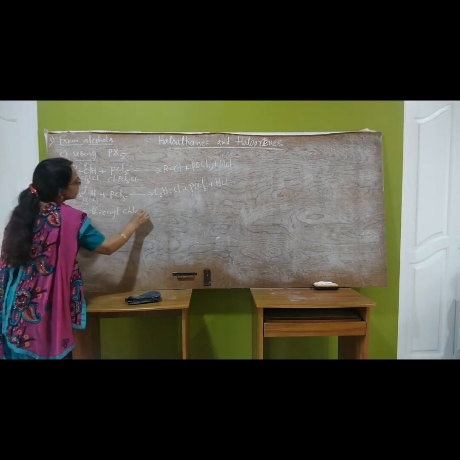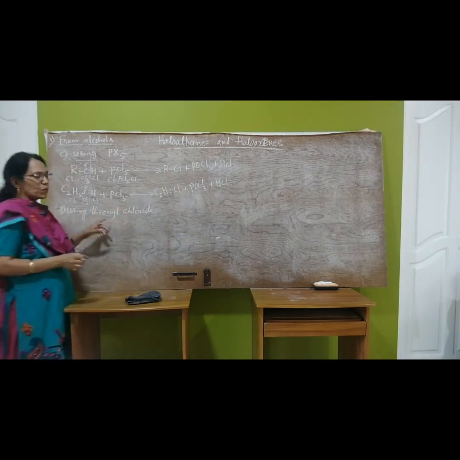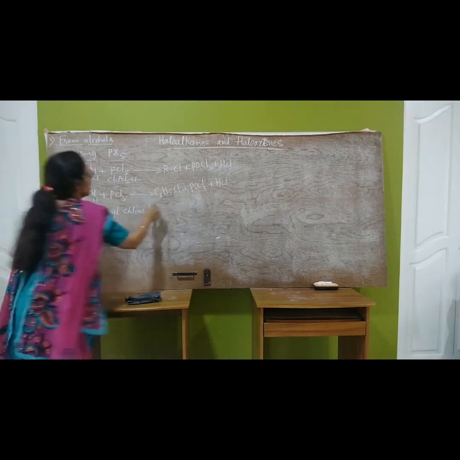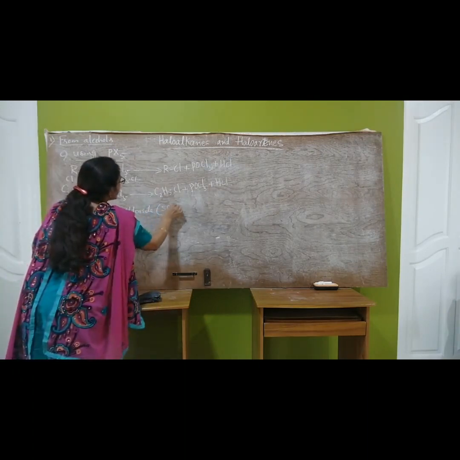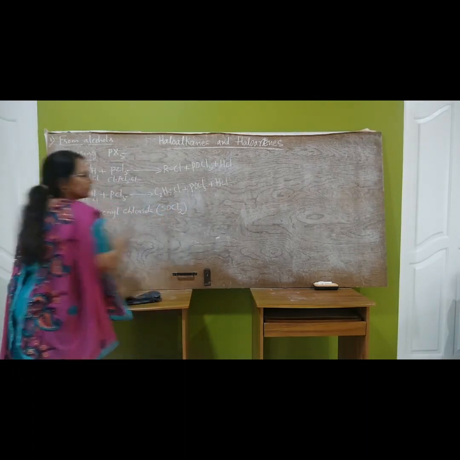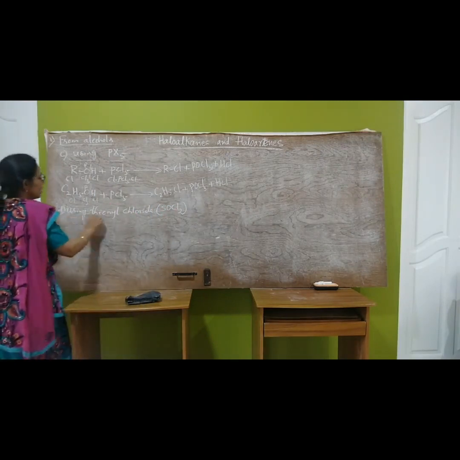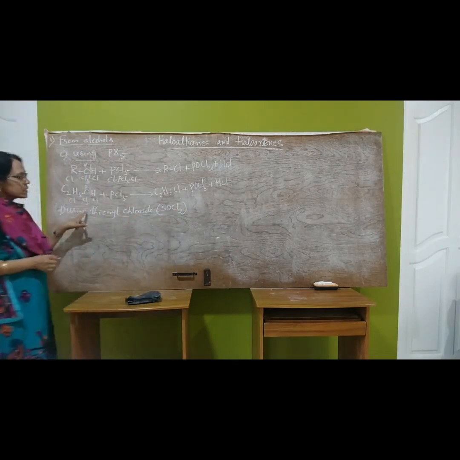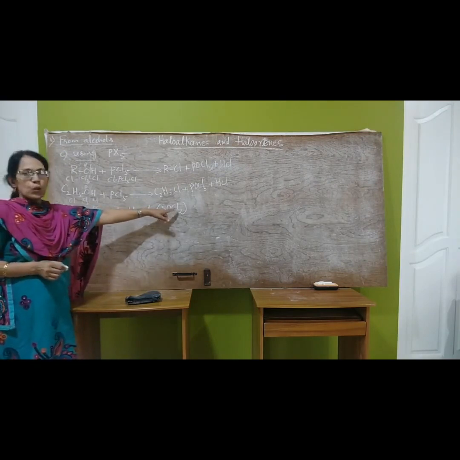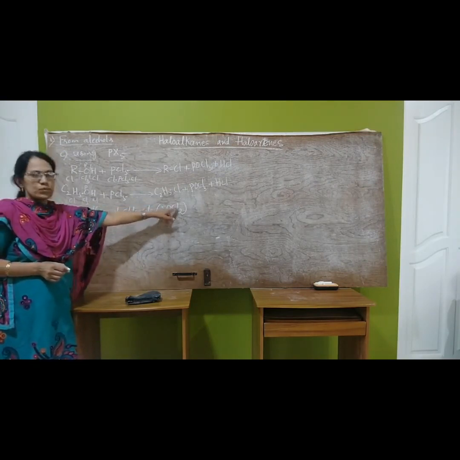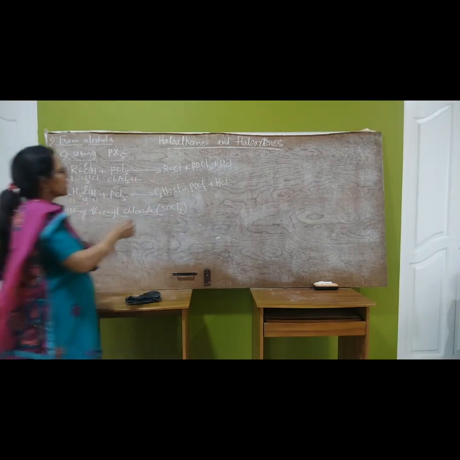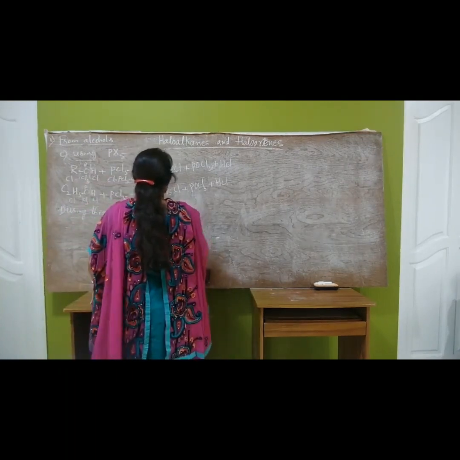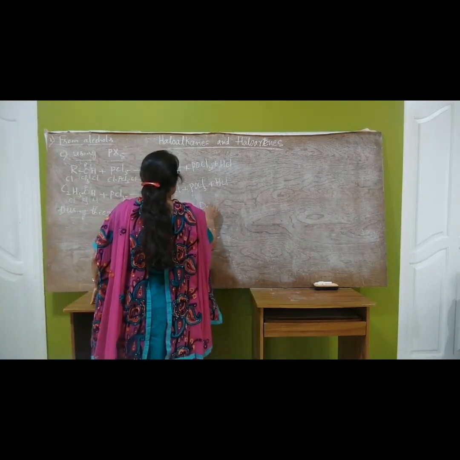What is the formula of thionyl chloride? Thio means sulfur. Thionyl chloride is SOCl2. In this method only alkyl chloride can be prepared because it is SOCl2. This method of preparation is called Darzens process.